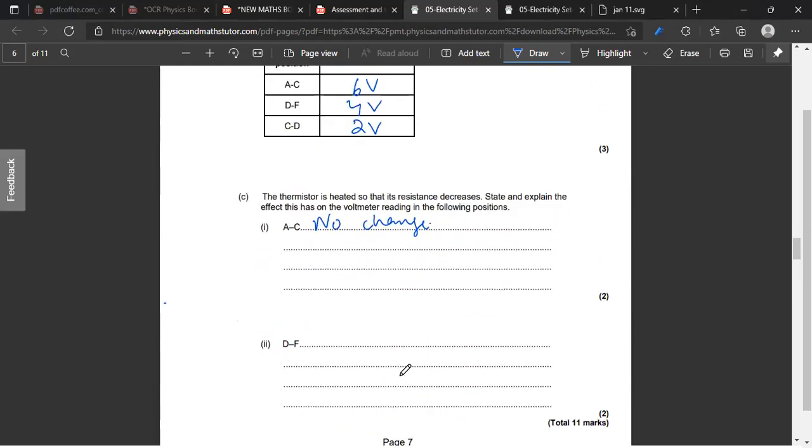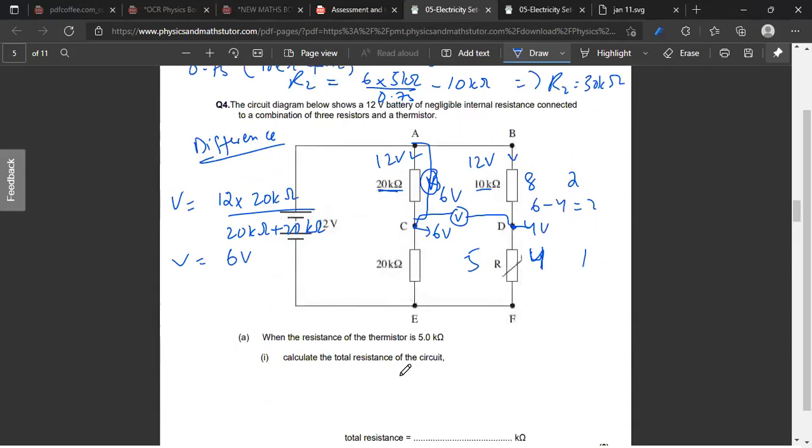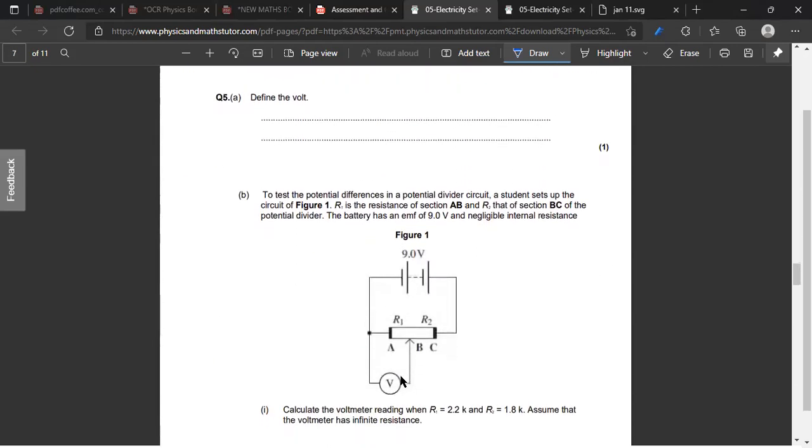Yeah, and you want to carry on? Okay, so in part two, we're asked how the potential difference will be affected if this resistance decreases from D to F. The question is simple, like what just happened.